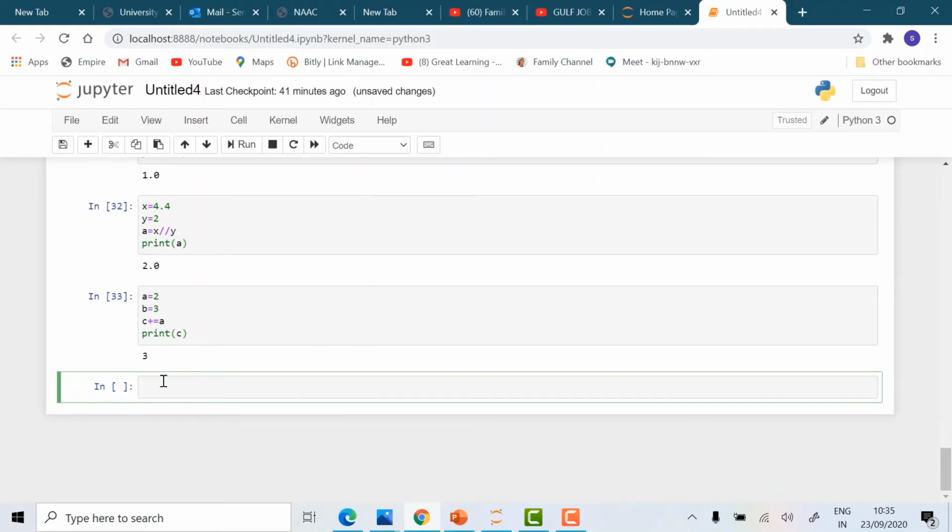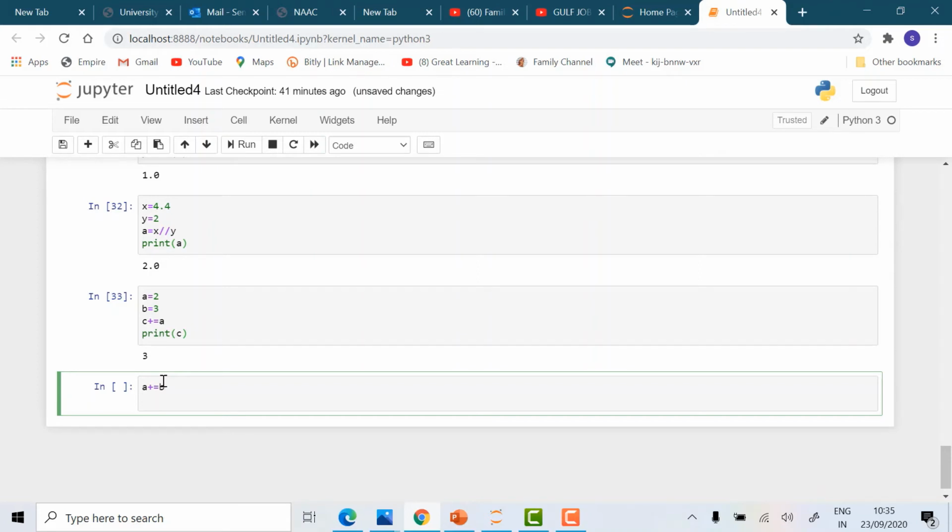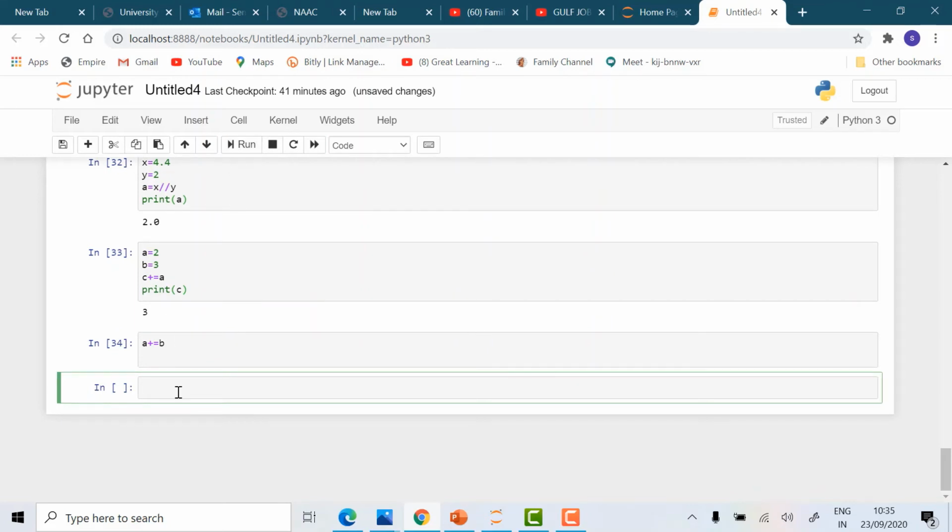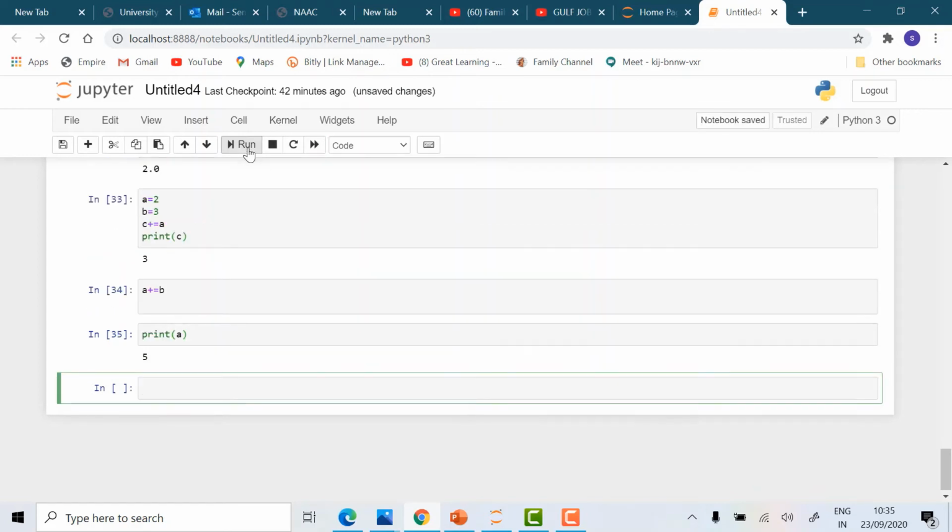For example, we'll use the same values here. A plus equal to B. Then we say, what's the answer? We have to assign something, so I say print A, and we get 5.